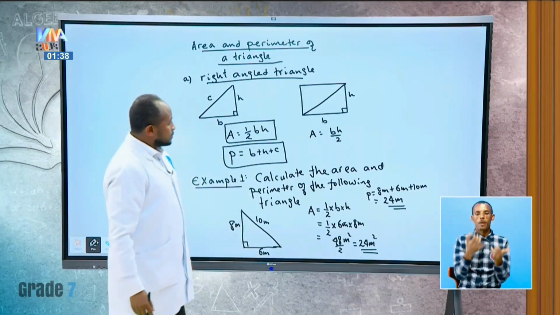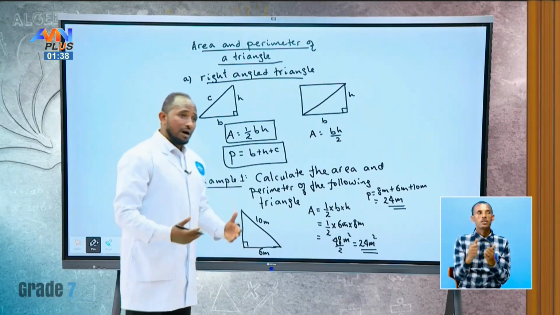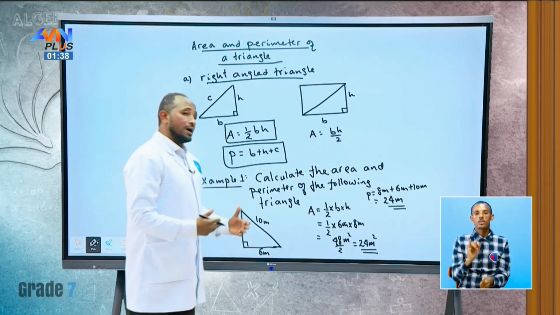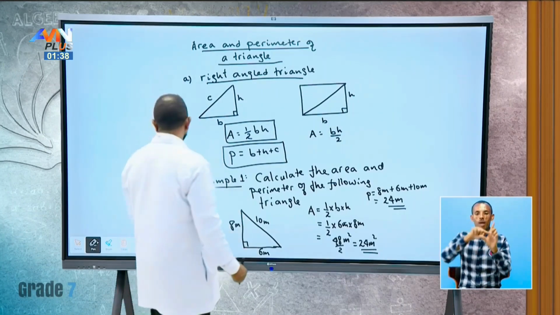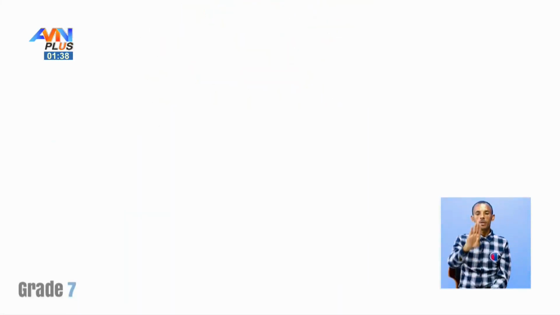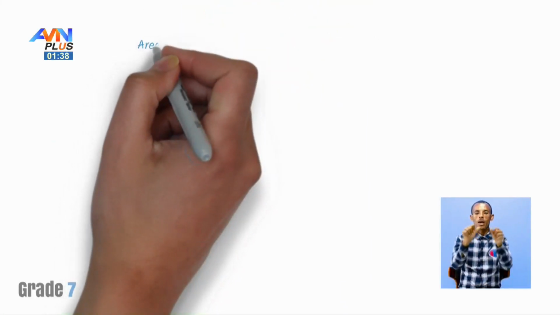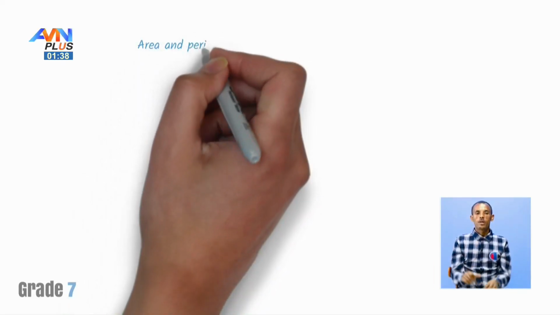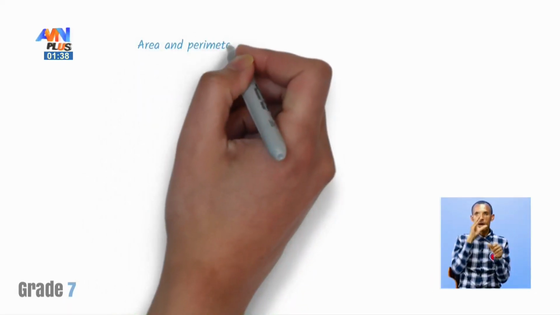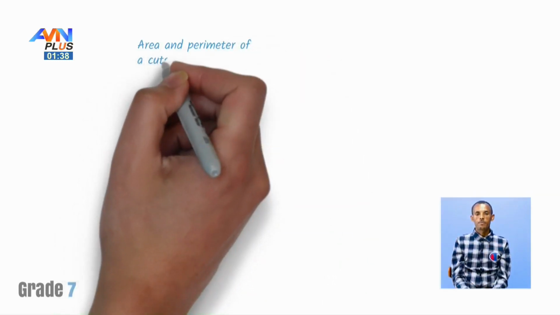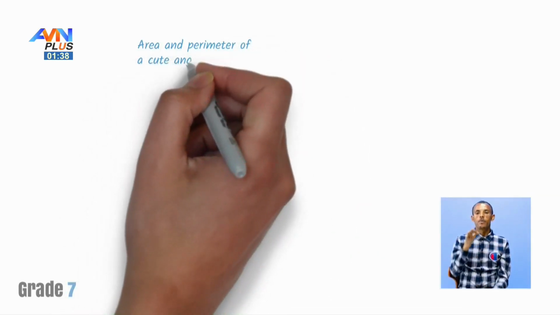Now, let's proceed to the second type of triangle, which is the acute angled triangle. The area and perimeter of an acute angle triangle.